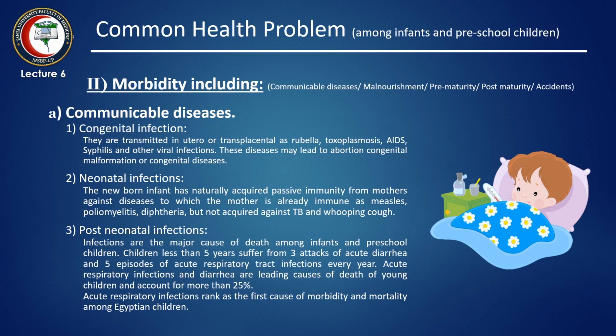Thirdly, post-neonatal infection. Infections are the major cause of death among infants and preschool children. Children less than 5 years suffer from 3 attacks of acute diarrhea and 5 episodes of acute respiratory tract infections yearly.